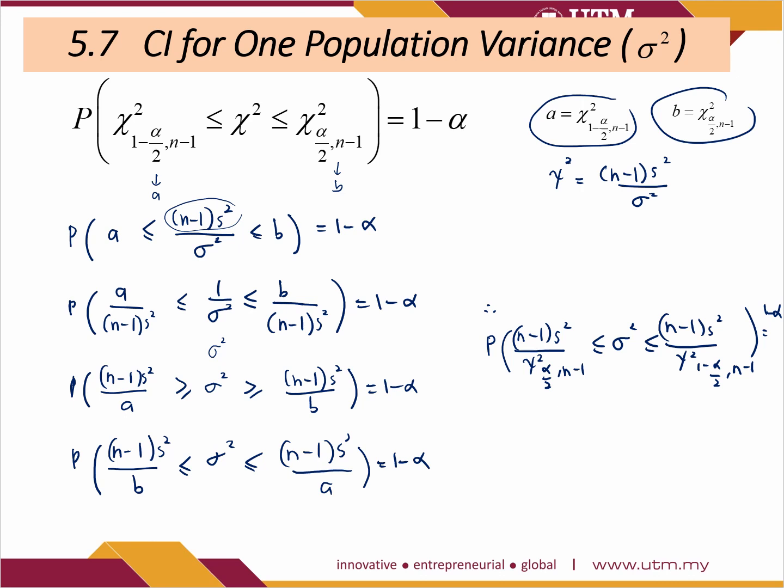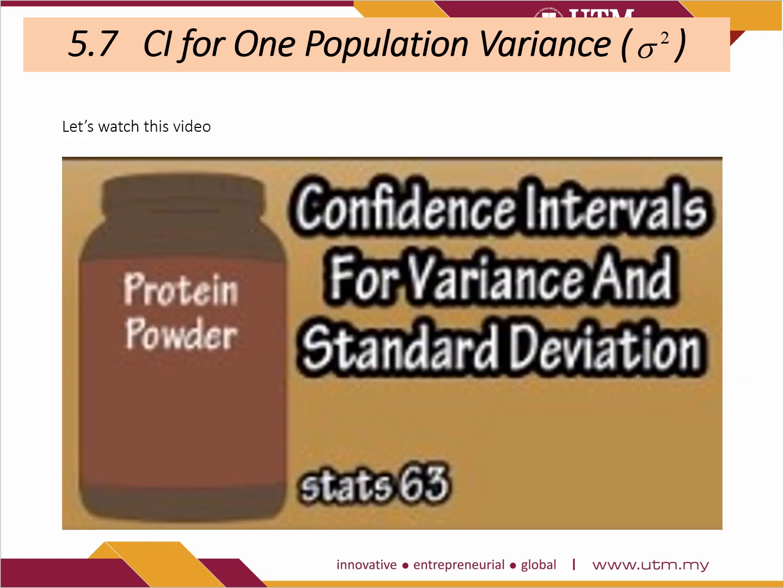Okay, so this will be our confidence interval for one population variance. You can try watching the other video to understand more about the confidence interval for variance and standard deviation.